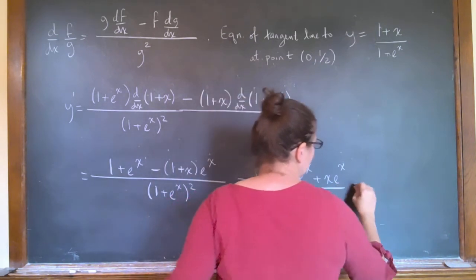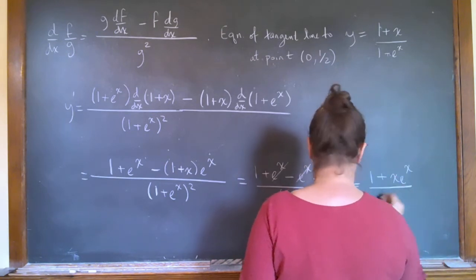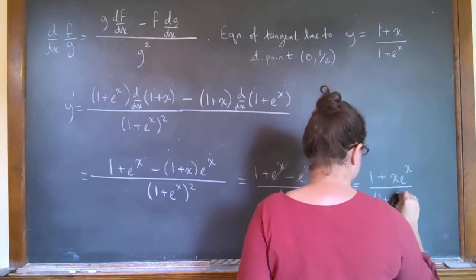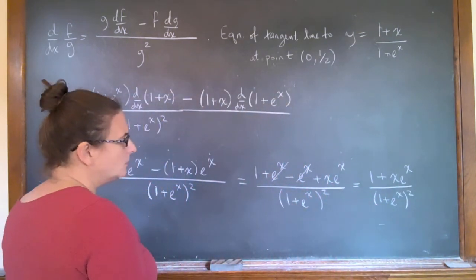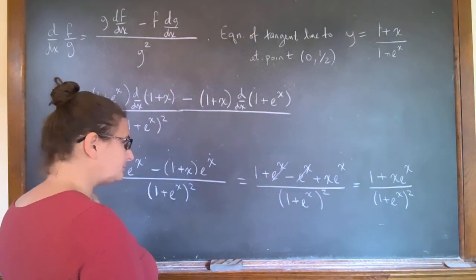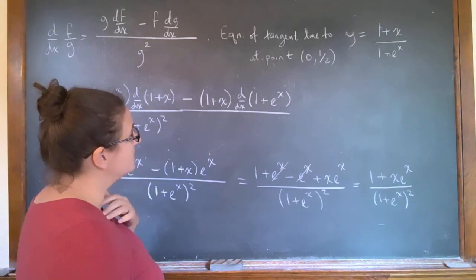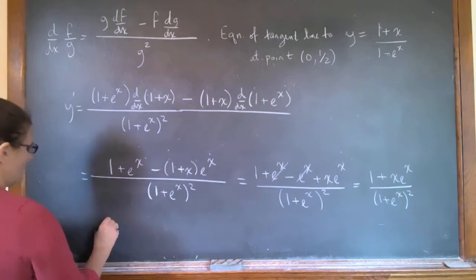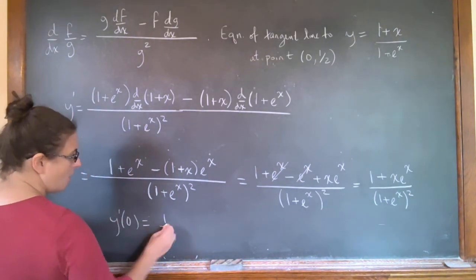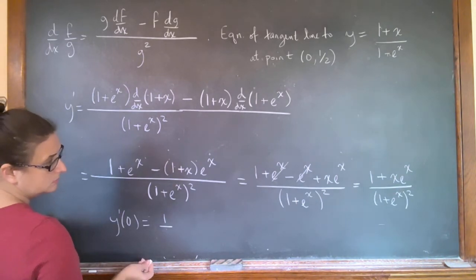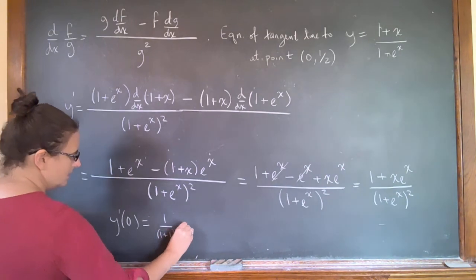So my derivative is this guy. Okay? So what I want to do then is find out what it is at the point 0, right? So y prime of 0, I just put in 0. I have 1 over 1 plus 1 squared, right?